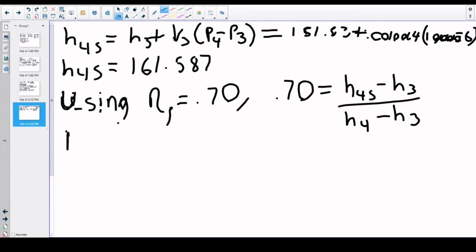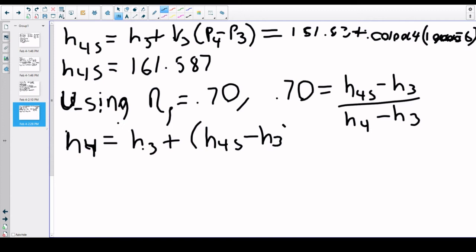And you always want to have the efficiency less than 1. Once you manipulate that equation, you end up getting the following: H3 plus H4S minus H3 divided by the efficiency of the pump, which is 0.7. So you don't have to write that out and manipulate it on every problem. If you can remember the perfect pump one, which is the H4S equation, and the H4 equation, which is very similar to it, just divided by the pump's efficiency, you'll be fine.